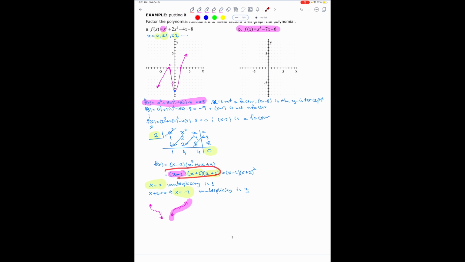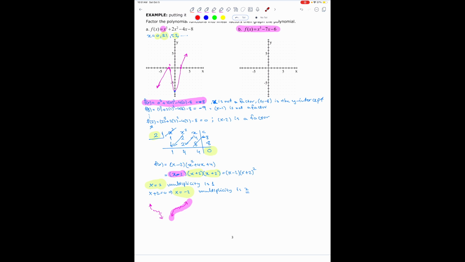Factor the quotient, because it's going to be quadratic and easy to factor. If it's of a higher degree, then you're going to repeat the process by finding another 0 in order to factor the third degree polynomial that remains here.